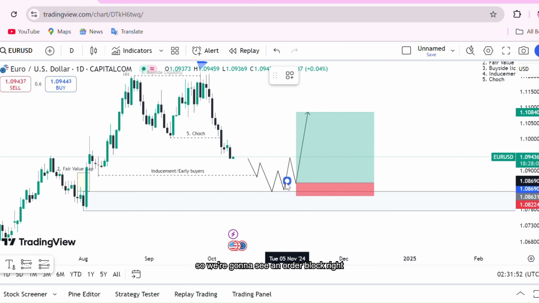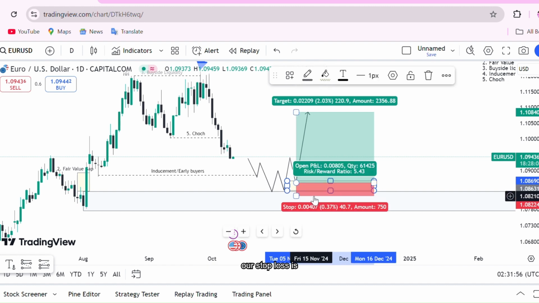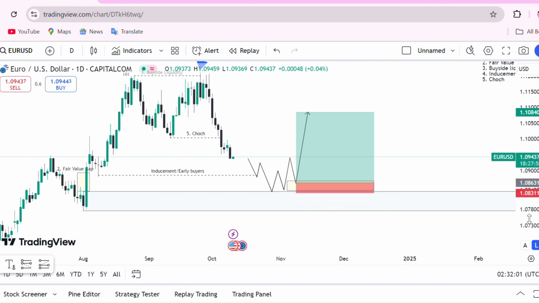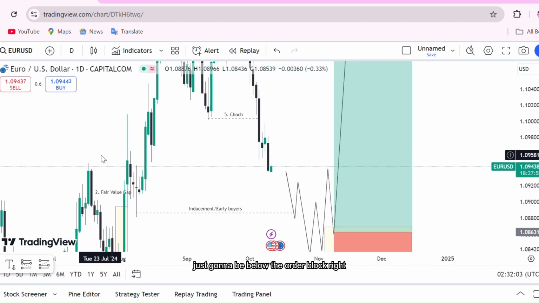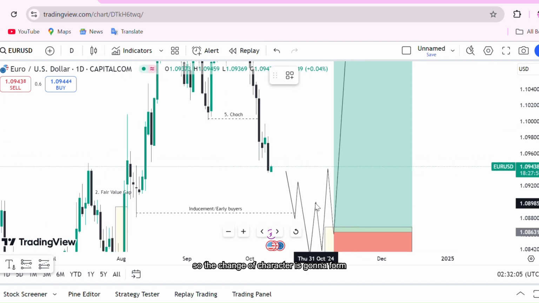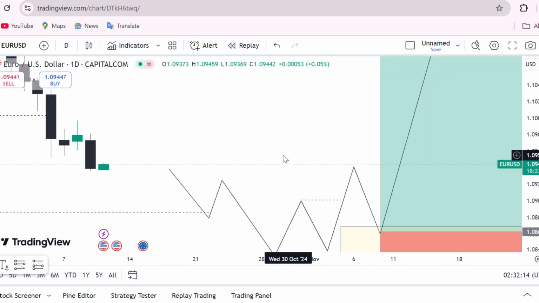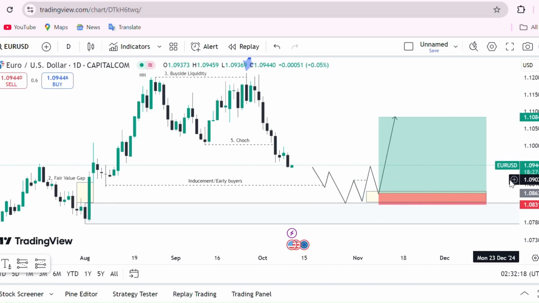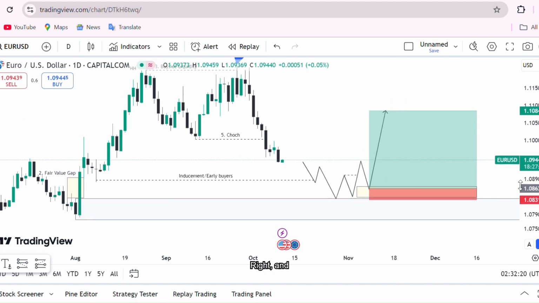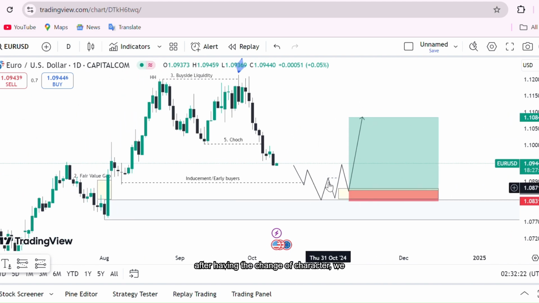So we're gonna see an order block right here after changing the character, and our stop loss is just gonna be below the order block, right? The change of character is gonna form like this, and after having the change of character, we wait for a retracement and take an entry.